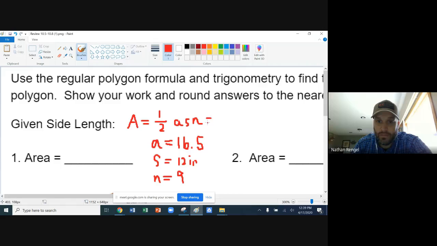Now it's basically just plugging them all in. So we've got a 1/2, 16.5, times my side length, which is 12, times my number of sides, which was 9. And we'll head back to our calculator, put that in.